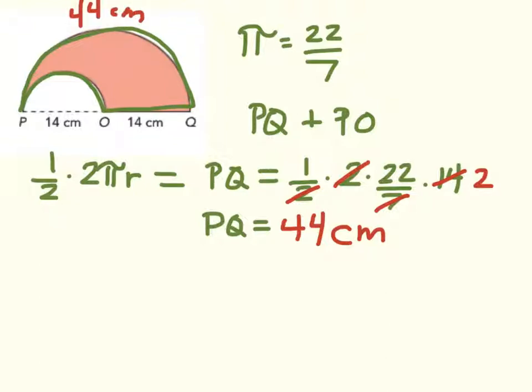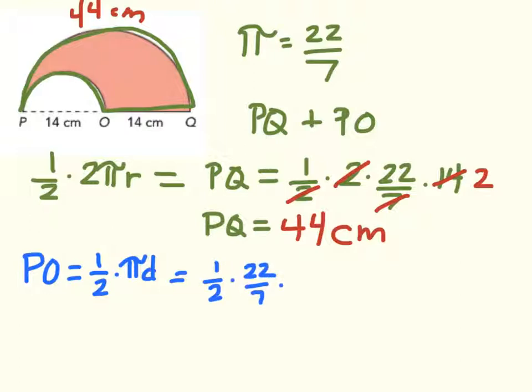Let's go on to the next piece of the puzzle. And the next piece of that puzzle is finding the length of PO. So we know the diameter of PO, so the length of that semicircular arc is going to be 1/2 times pi times diameter, or 1/2 times 22/7 times 14, correct?